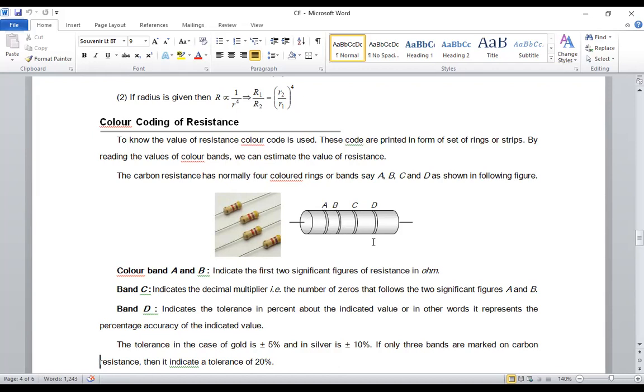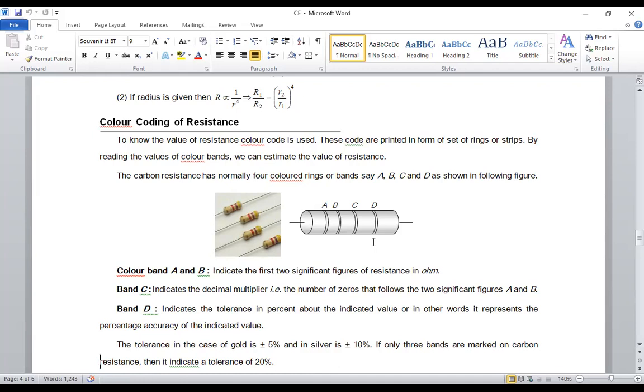The first two bands tell about the numbers. The third band tells about the power of 10: 10 to the power 0, 10 to the power 1, 10 to the power 2, 10 to the power 3. The fourth band is about the tolerance.